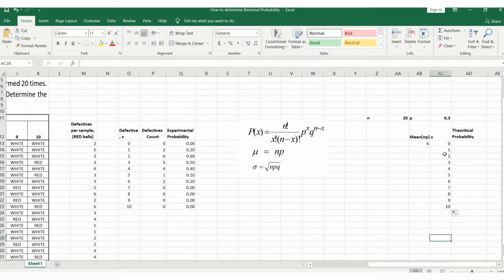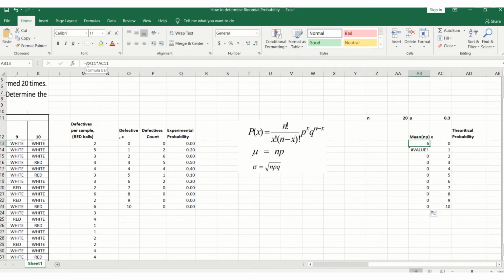Okay, now the theoretical probability for it can be calculated. Likewise this is also 6. Again, if I want to calculate it, this will be the same as here. It is the product of this.